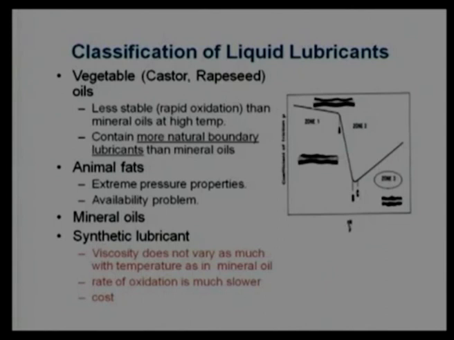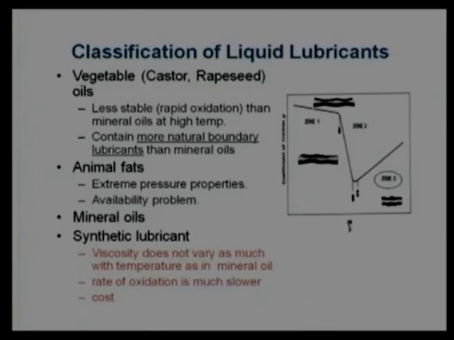They deteriorate with increase in temperature and they get oxidized. When they get oxidized, their viscosity will increase, and if they thermally degrade, then there will be some deposits left with that degradation.